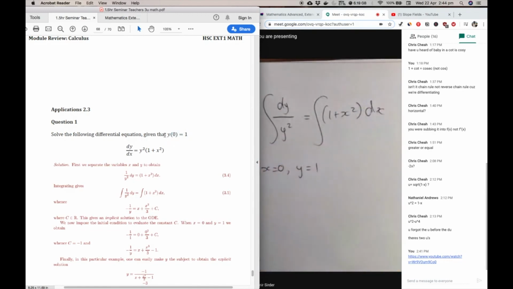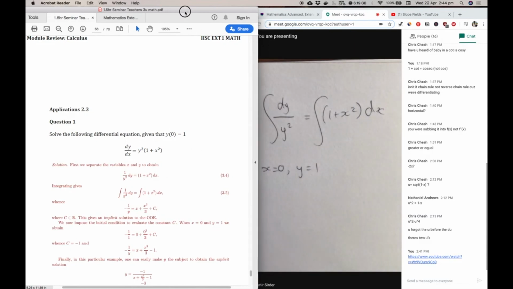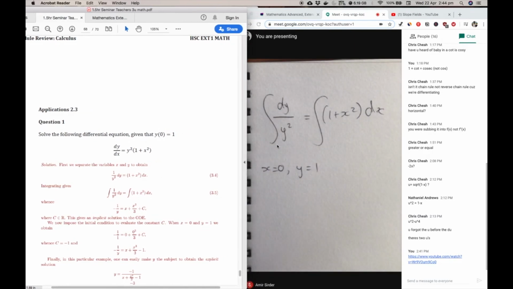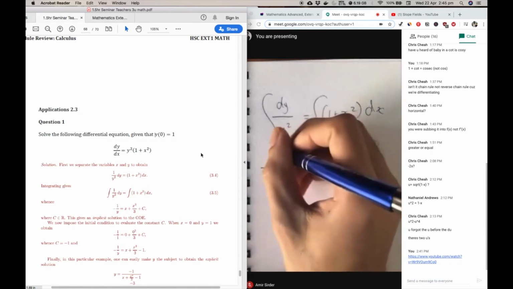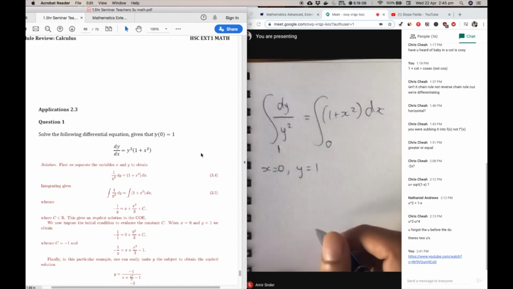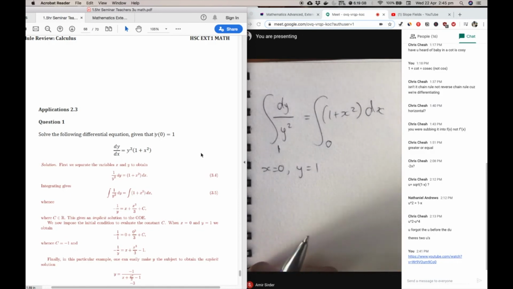Now we don't actually cover this in this booklet, but there's a really cool thing you can do: as long as they correspond to each other, you can join them up on the same level. This is the x side, so we say x equals 0, y is equal to 1. This is a shortcut for not having to find c.